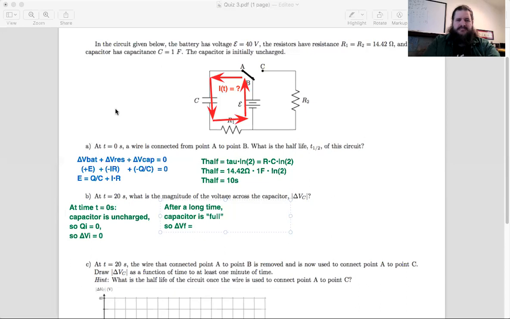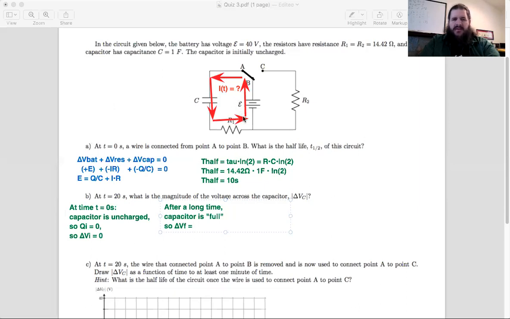Equals becomes 0? 40? Sorry, what was that? Wait, wouldn't the capacitor get fully charged from the battery, so it would be 40 volts? Yeah, it should be eventually 40 volts, matching the voltage of the battery.